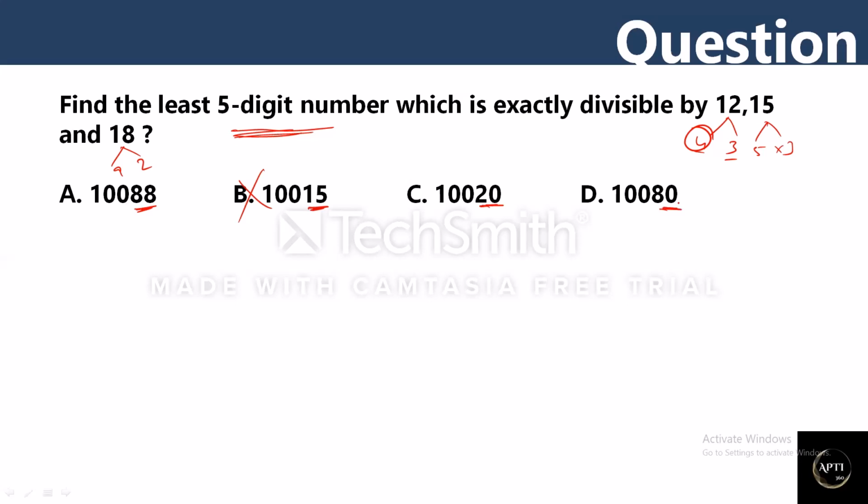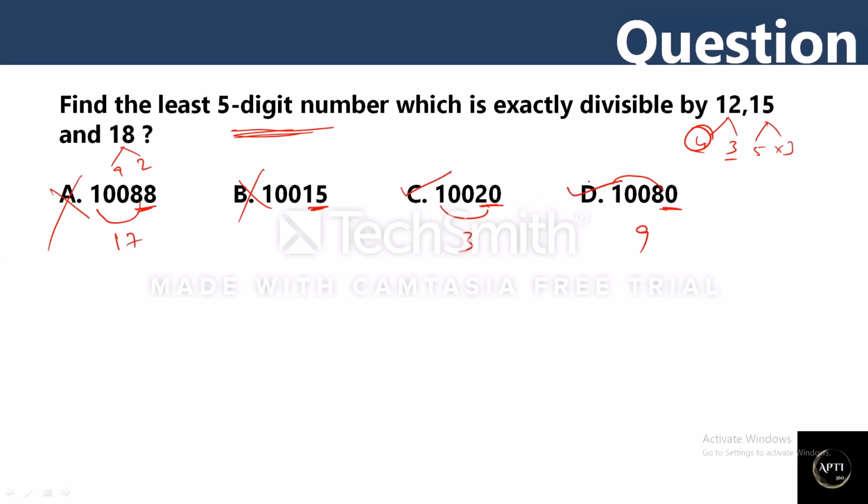Now cross check with 3. What's the sum here? 1 plus 8 is 9, satisfied. 1 plus 2, 3, satisfied. Next here, 8 plus 1, 9. 9 plus 8, 17. So 17 means not satisfied. Option A is eliminated. So now our answer will be either option C or option D.